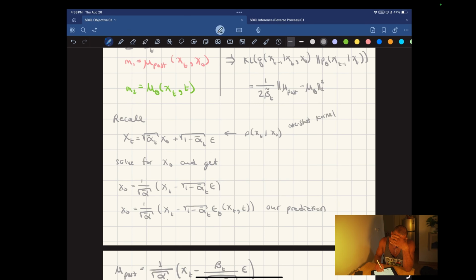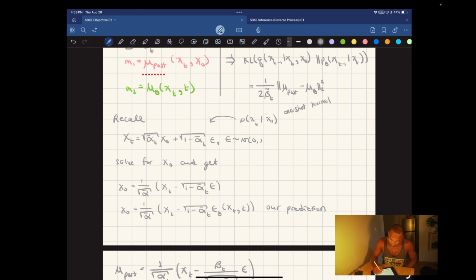where epsilon is from a standard normal.